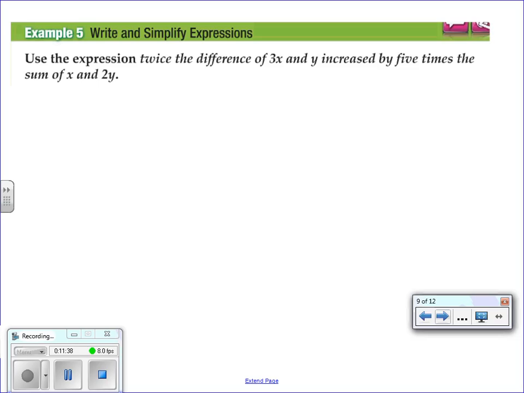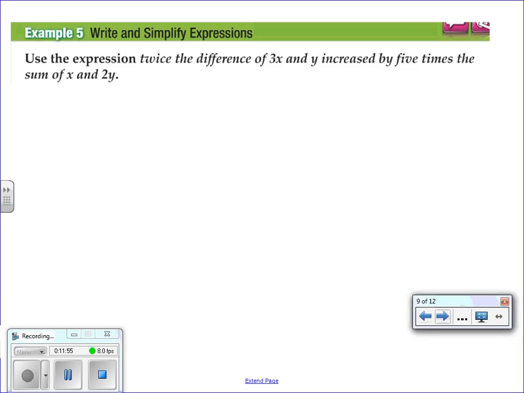Okay, now we're going to write and simplify expressions. We're going to take the verbal, the word form of the problem and change it into a number form of the problem.